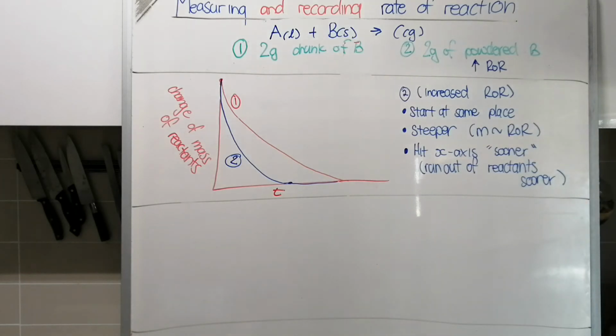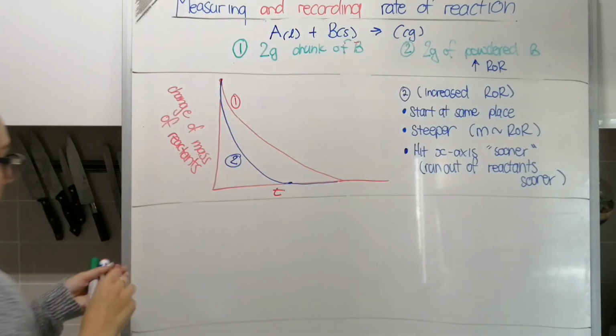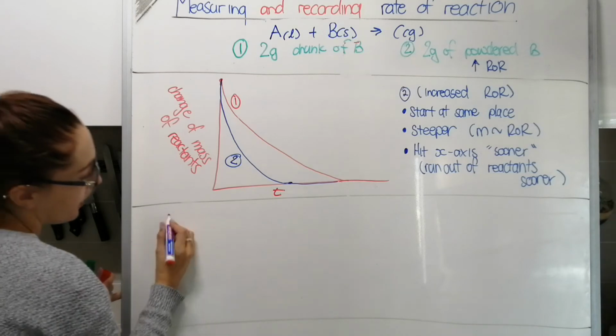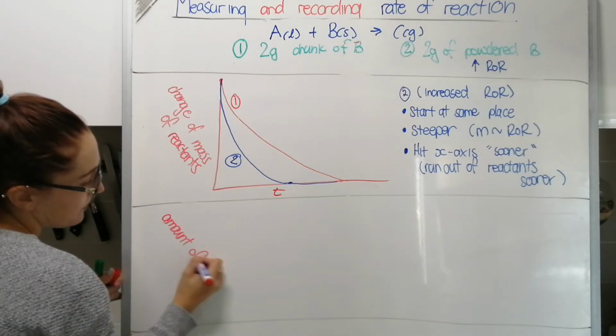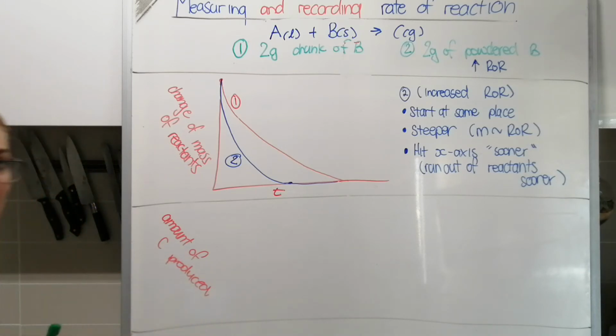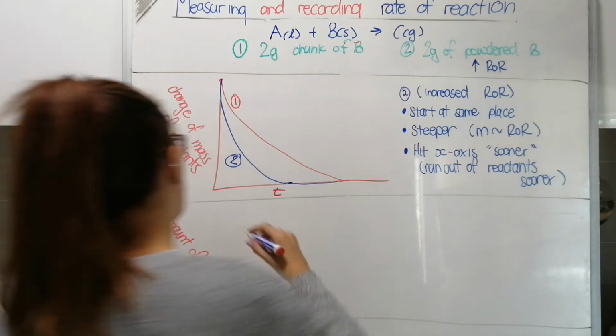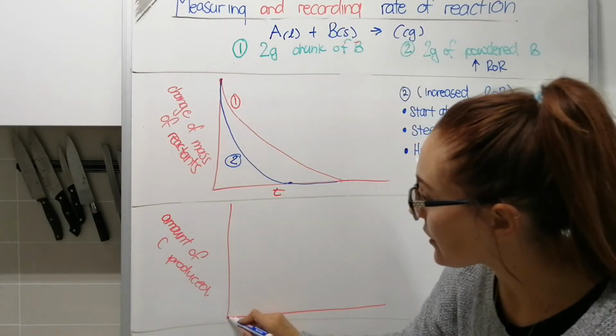Okay, at the bottom, we're going to look at what if we were graphing the amount of C. Okay, so let's say we were graphing the amount of C produced. So let's say we were doing that thing where you collect the gas in the syringe. Okay, so we know that the amount of C at the beginning is 0, right?